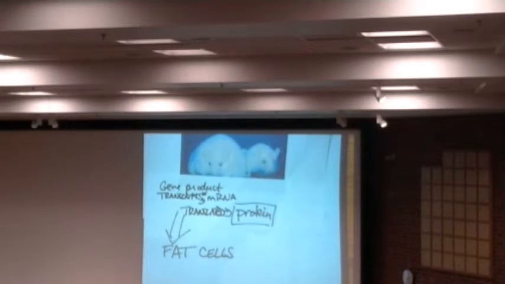So, fat cells have a gene expressed in them. I think I just told you something wrong.